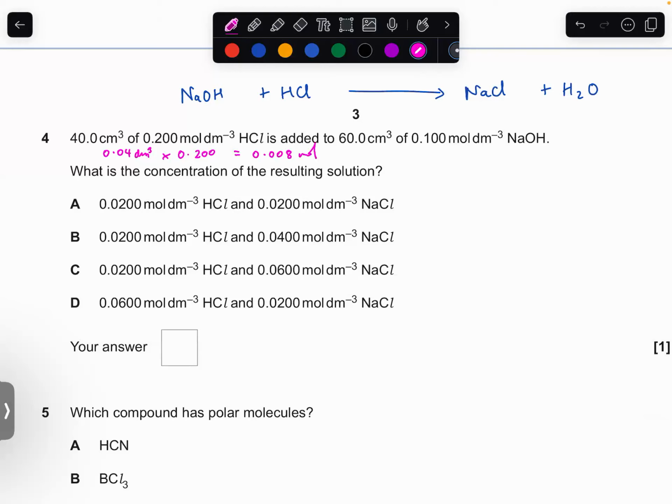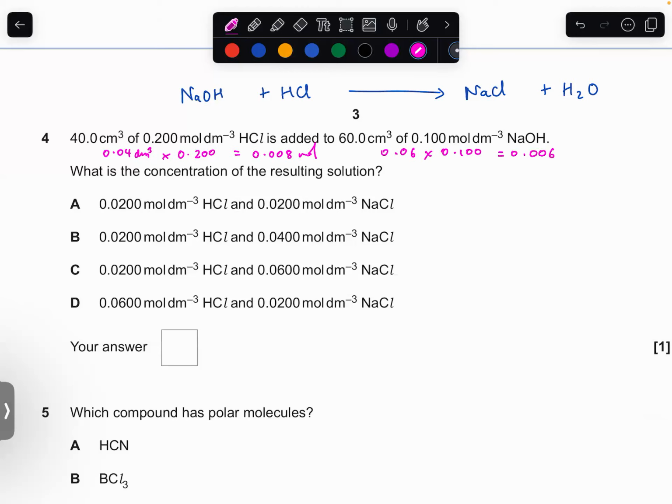That's the HCl. And this one is 0.06 dm cubed multiplied by 0.100, which is equal to 0.006 moles.